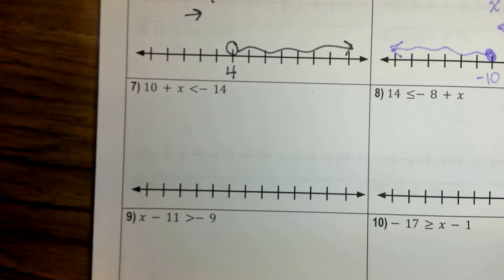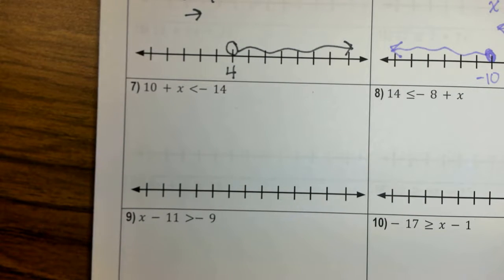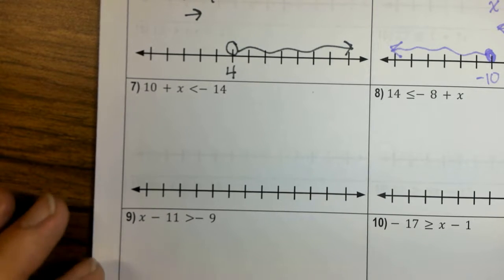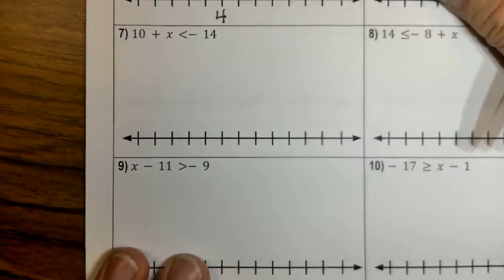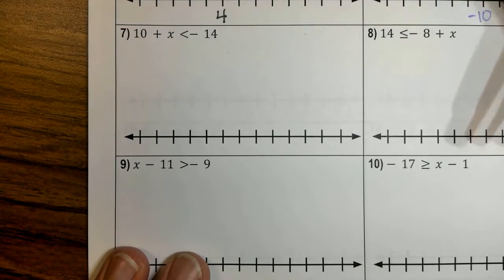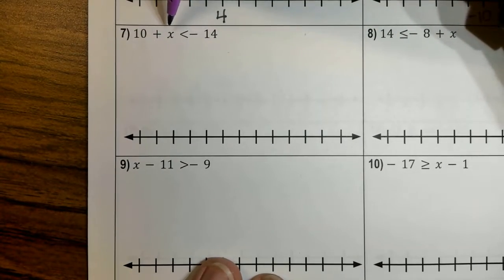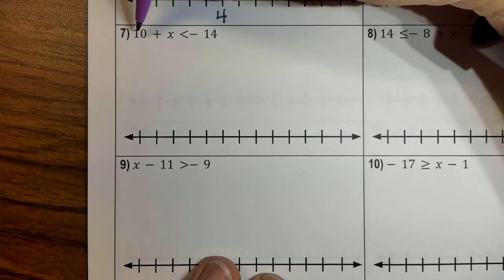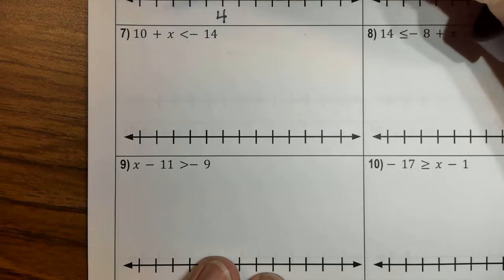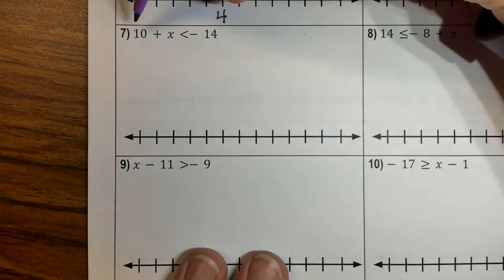All right. Okay, number 7. Wow, number 7 has a 10. Okay, so what I'm going to do first, okay, if it stops shaking. So I want to get x by itself, so I need to move the 10 to the other side. So because it's a 10 and there's no negative, that makes it positive.